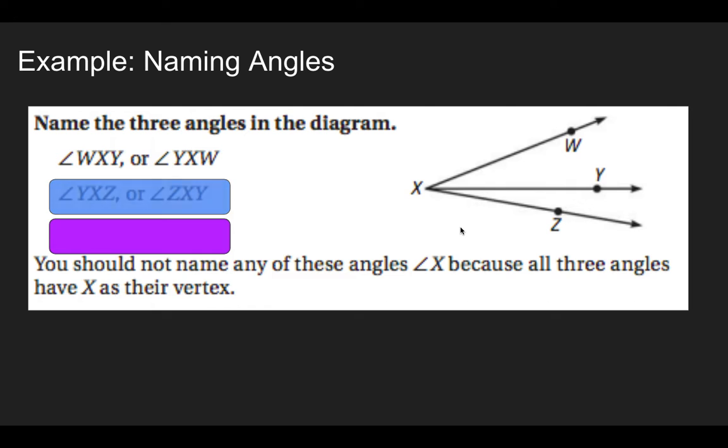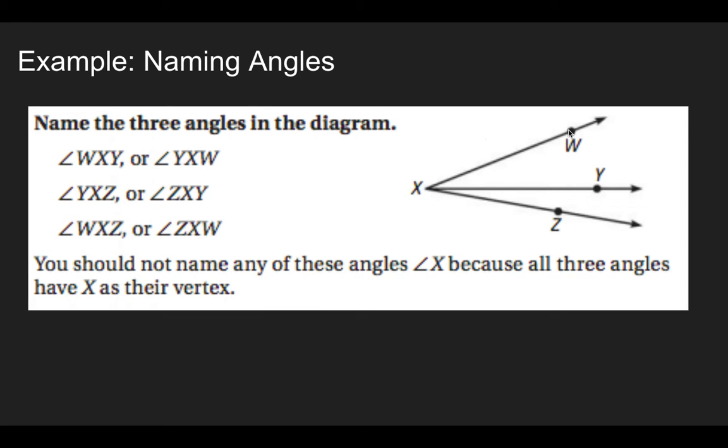Next angle I see would be YXZ, or I could name it ZXY. Again, so long as I put the vertex in the middle of the name. And one more, the outside angle, WXZ, completely ignoring this inside ray. We should not name any of these angles angle X because there's too many angles that share that common vertex.